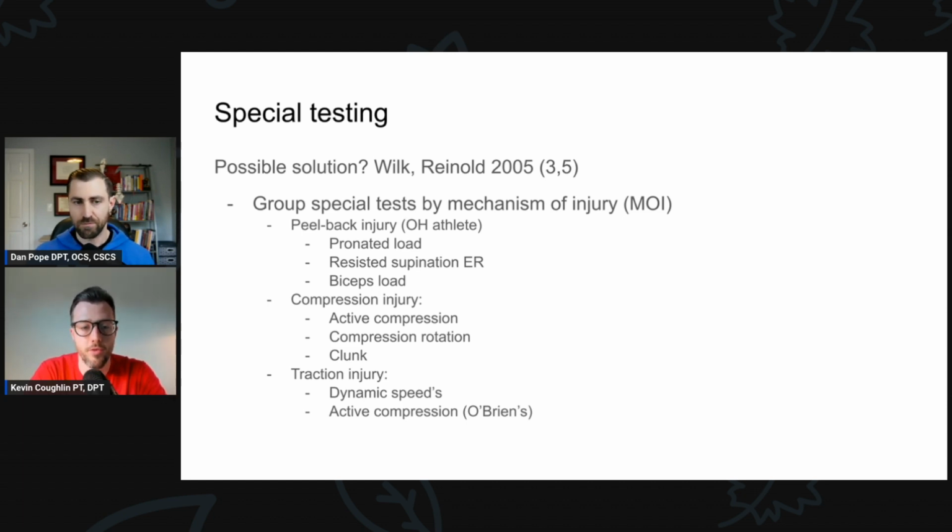So I thought this was probably a useful way to think for a lot of other types of special tests too. We could extrapolate the shoulder stuff to other things and potentially apply it to other types of special testing. So I think a good way to think from Mike and Kevin Wilk.